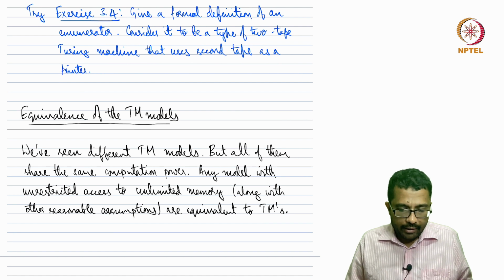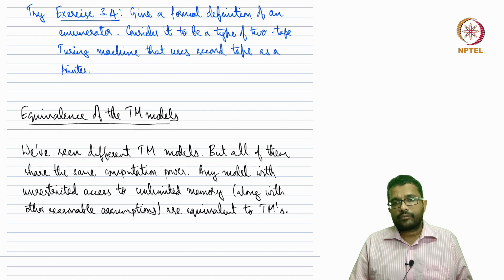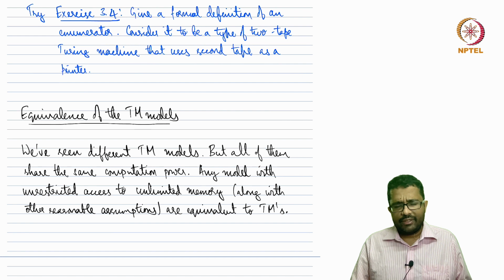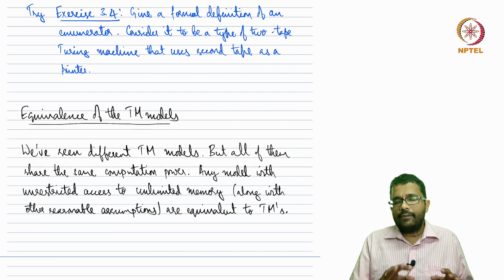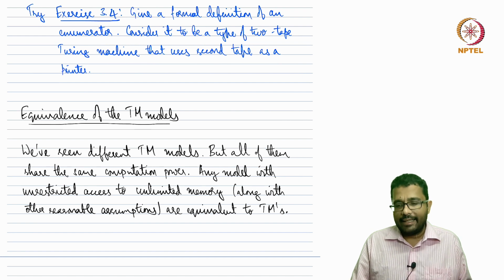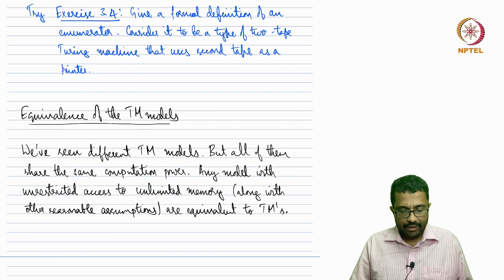So any model that has unrestricted access to unlimited memory, along with some reasonable other assumptions which I don't want to get into, is likely to be equivalent to Turing machines. In that sense, the Turing machine model is robust.